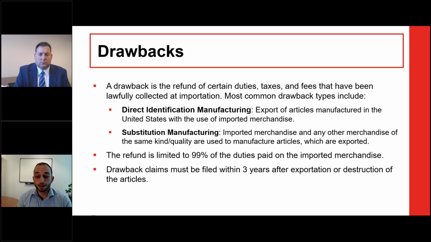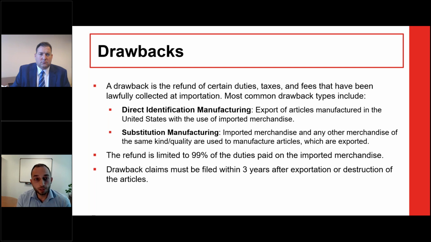It essentially applies when the input is used in a final product that is produced in the United States and subsequently exported to another country. The refund would be limited to 99% of the duties paid on the imported input, and drawback claims must be filed within 3 years after exportation or destruction of the final product.